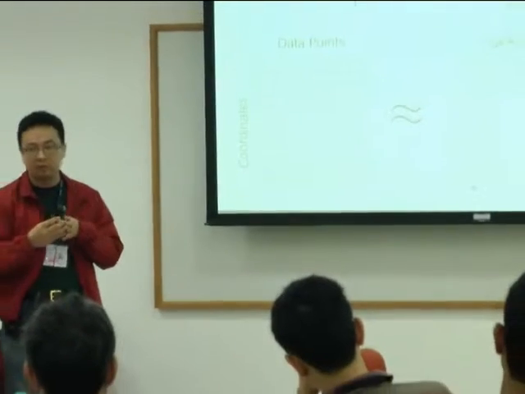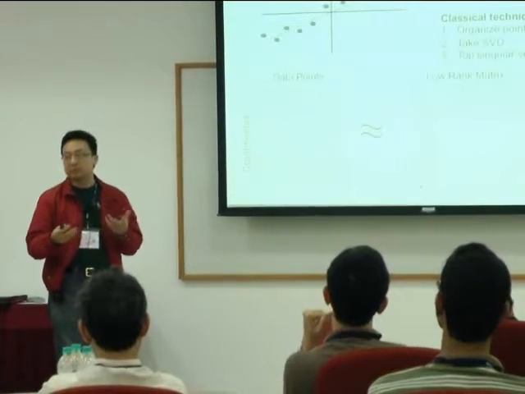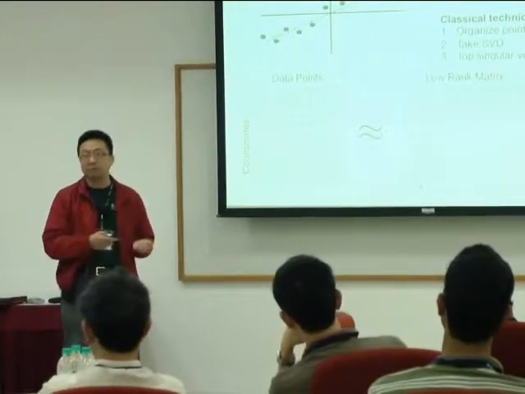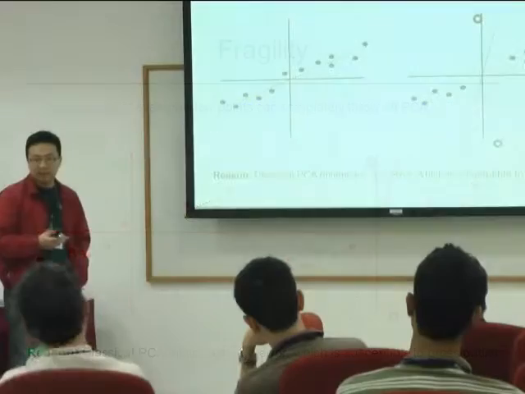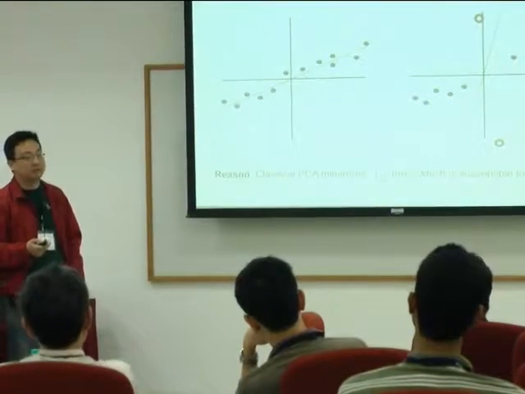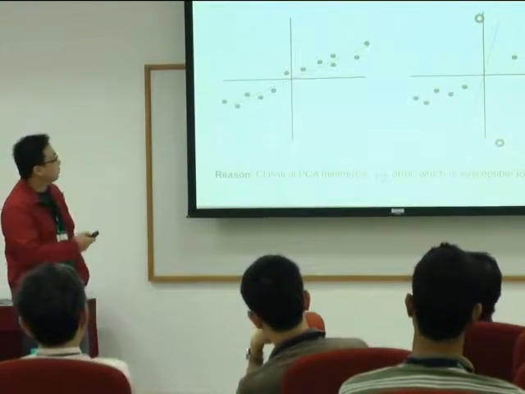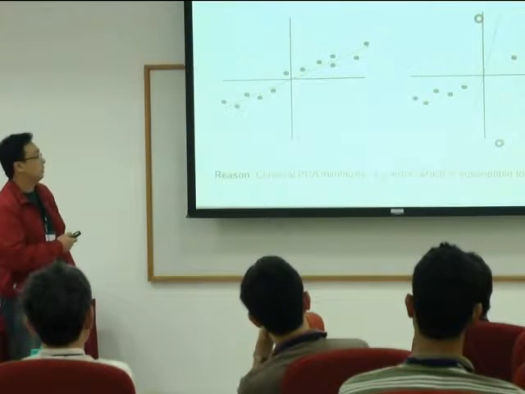But because the approximation is with respect to the Frobenius norm, and the Frobenius norm is basically an L2 type of norm, we all know that if you want to minimize something with respect to L2 error, it can be very sensitive to outliers. So if I put it in a picture, this is the true sample set I'm having.